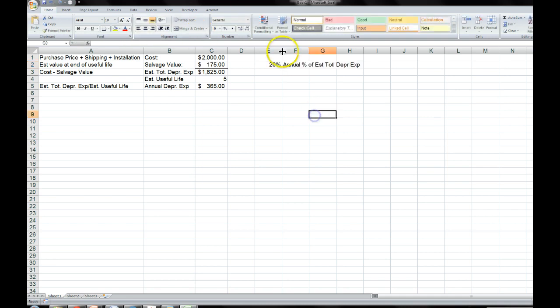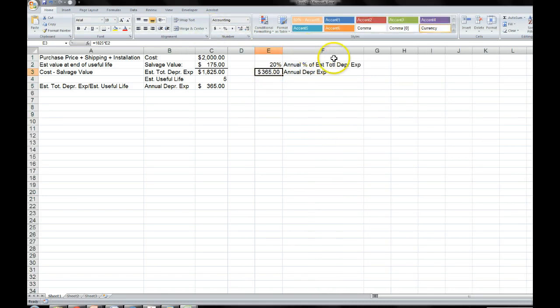Oh Lord. Okay. And if I wanted to know the actual annual depreciation expense, I would take my 1825 and I would multiply it times this 20% right here. And I end up with $365.